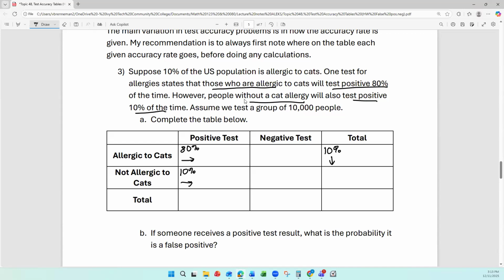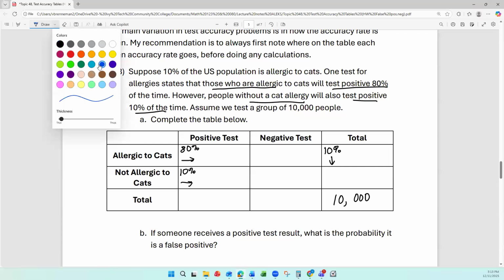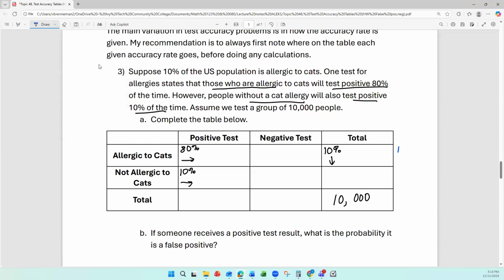And we're going to test a group of 10,000 people, so that goes here. So starting with the total row, 10% of 10,000 is 1,000. And that means the rest of the 10,000, 1,000 people that are allergic, 9,000 that are not.